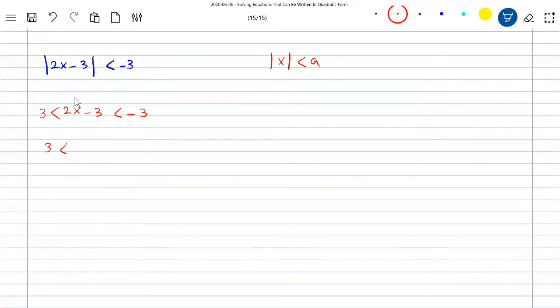Say 3 is less than 2x minus 3. And I'll solve the other case and say 2x minus 3 is less than negative 3. And solve each one separately. This is an AND case, since you want to satisfy both cases.